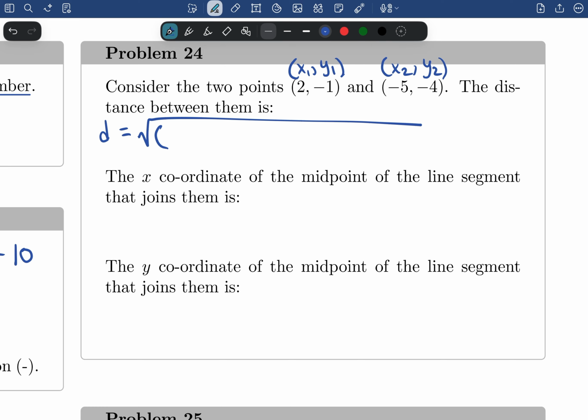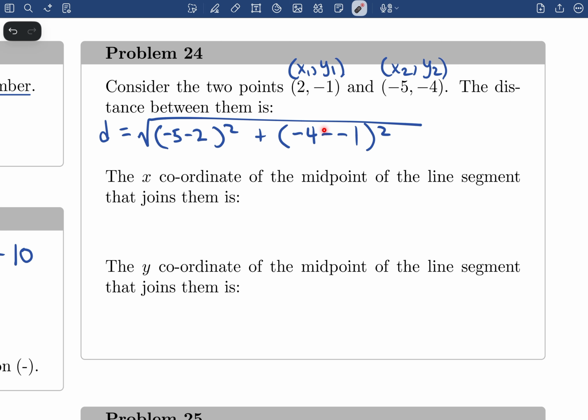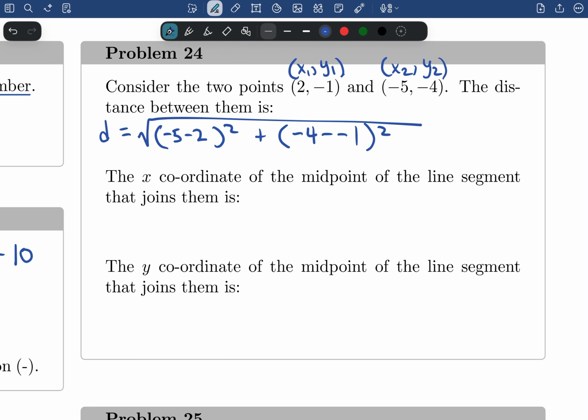So as we put the difference of the x's under a square root, we would take -5 and subtract 2, right? And then we could square that, and then add it with (y2 minus y1) squared. And yeah, we had the subtraction sign of the formula and the -1 value after, so this minus negative becomes a plus.